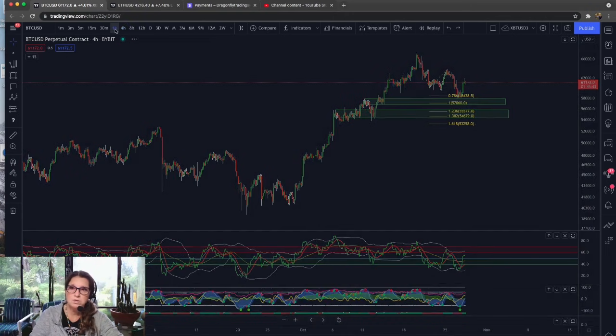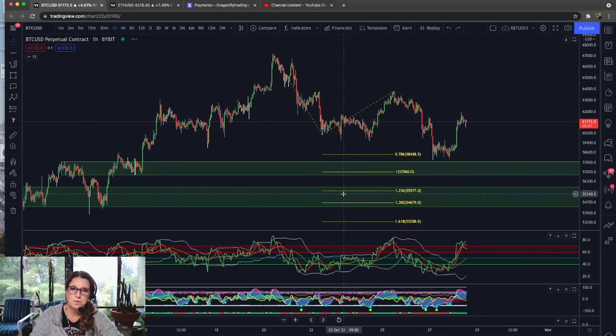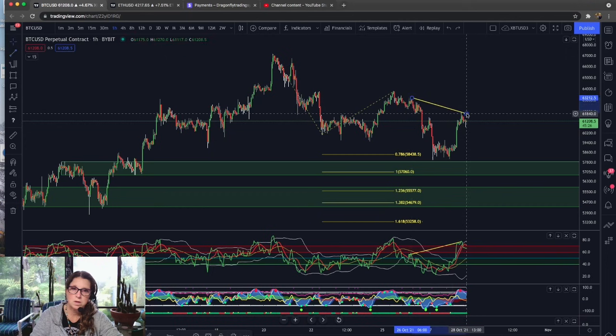So on the 1 hour time frame, we do have this bearish divergence. Okay. Pay attention to that.